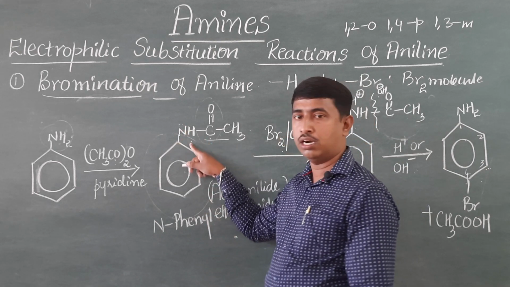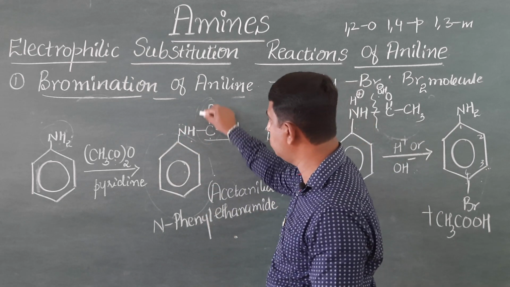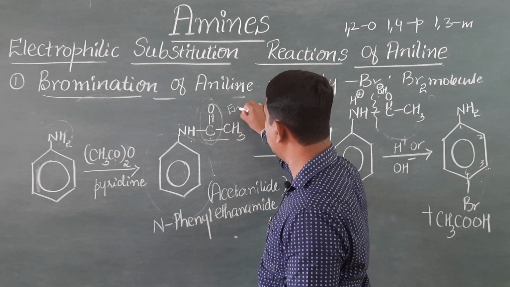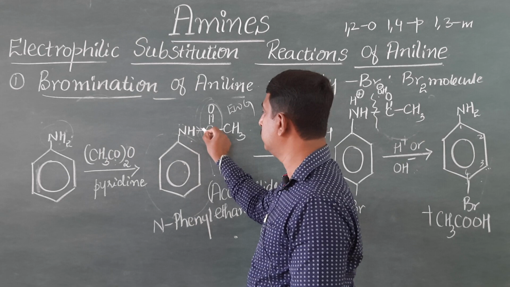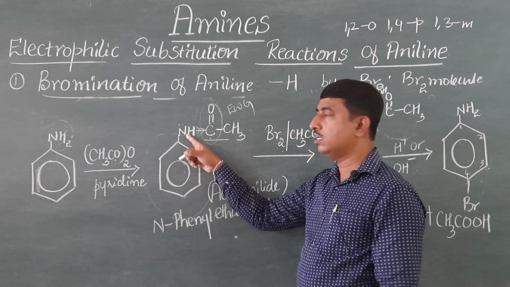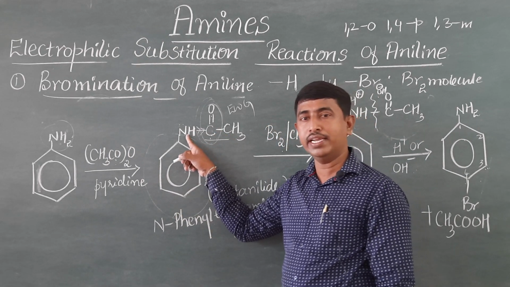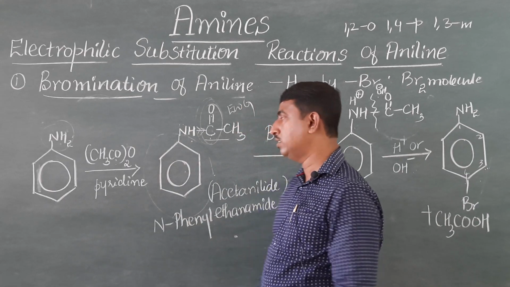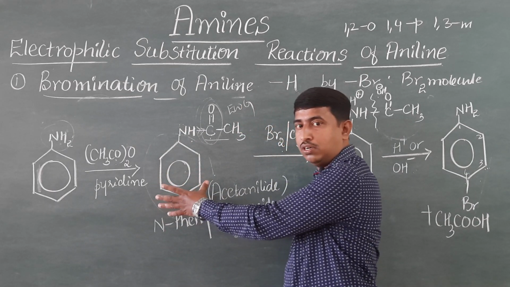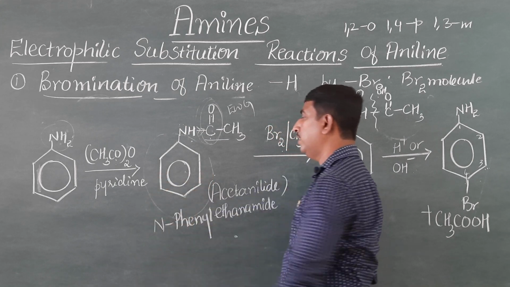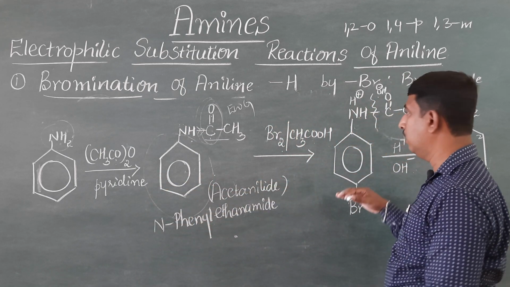Thereby electron donating tendency decreases due to the presence of the electron withdrawing carbonyl group. So partial electrons will be shifted towards carbon. As a result, the electron donating tendency of nitrogen decreases. The ring becomes what? Electron rich or less electron rich? Now it is less electron rich.